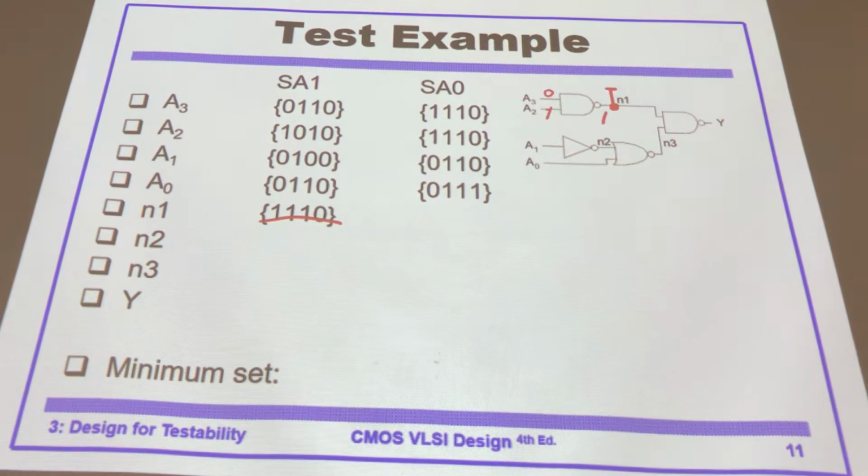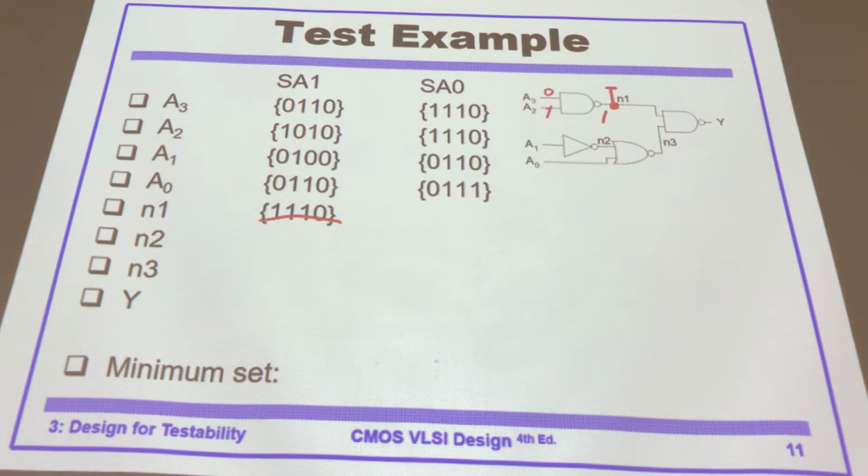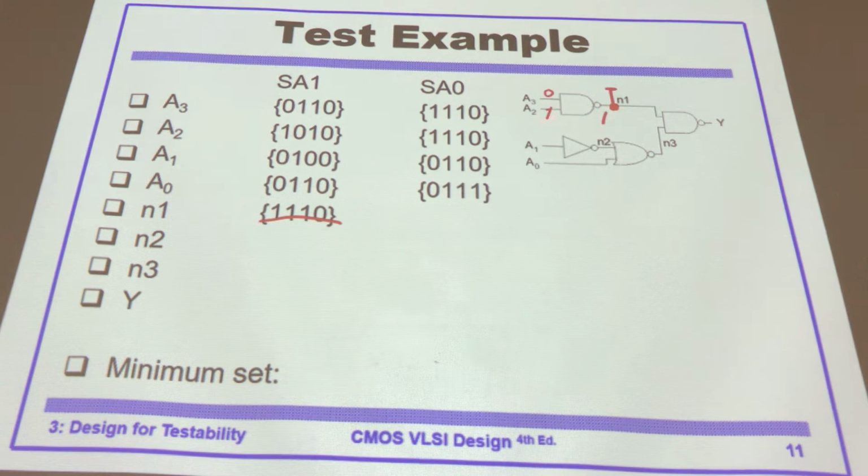You cannot distinguish. So the idea is that you should try to provide an input vector that can distinguish correct from incorrect. So what should be the value here? It should be 1, 1, because given 1, 1, you're getting 0. However, if it's stuck at 1, you're getting 1, right?